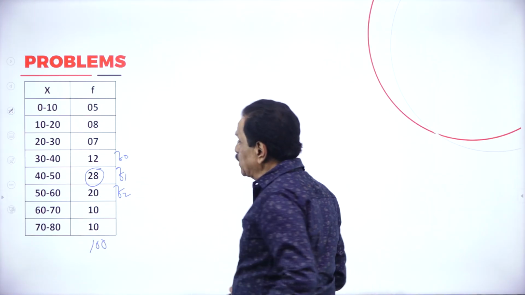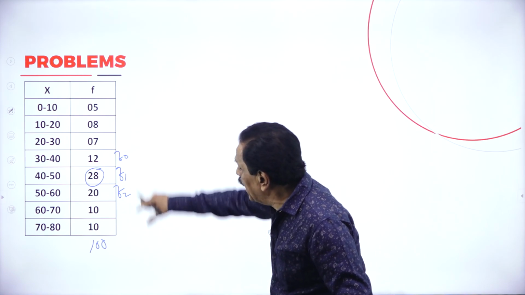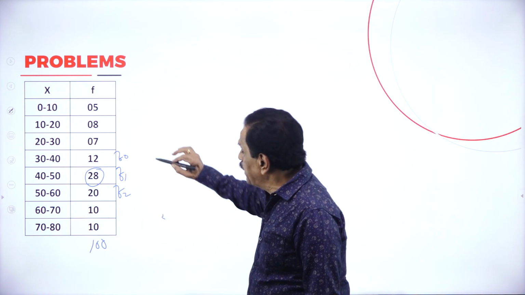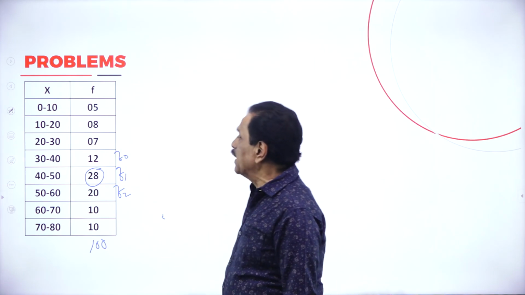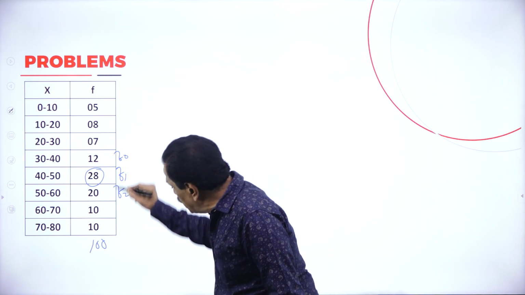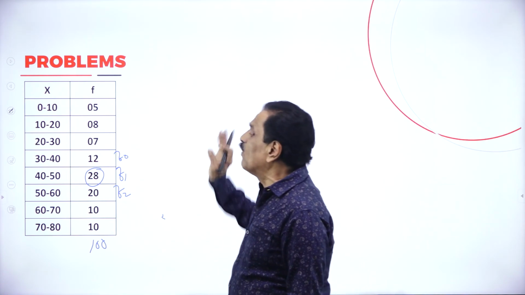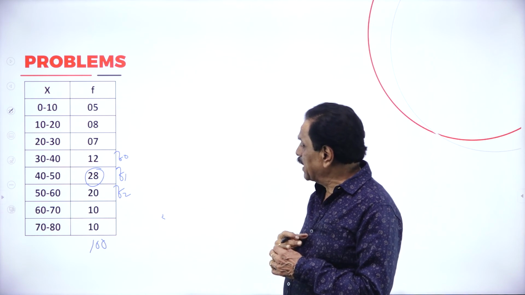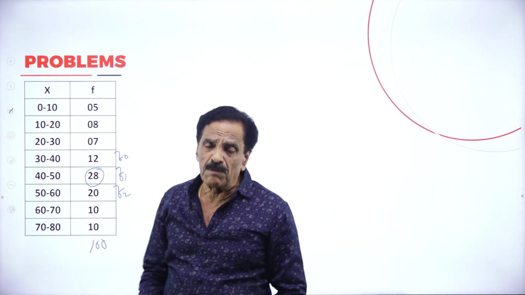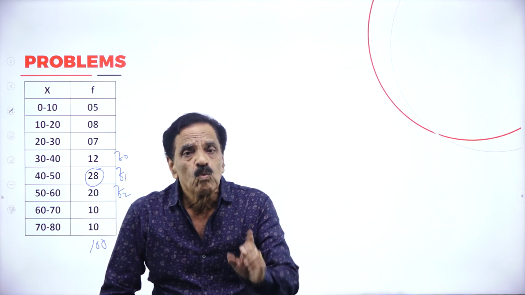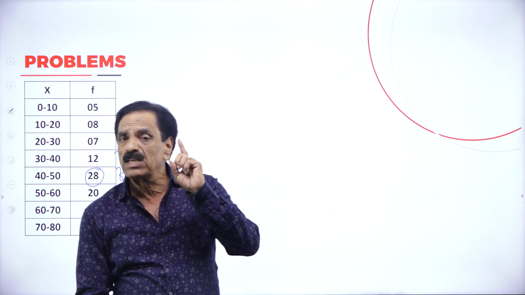Once you find the mean, median, and mode, what is the next step? Make the cumulative frequency, for your median is considered, then apply the formula. One formula is for mean, one is for median, one is for mode.